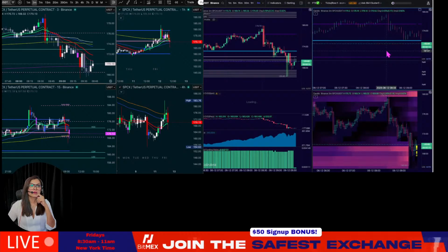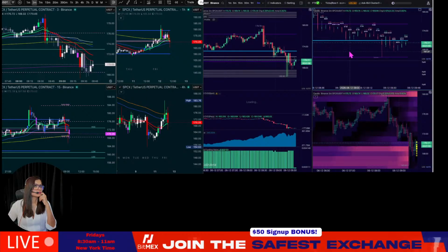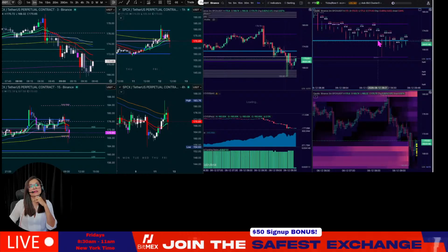Okay, delta. We have some positive delta. The blue line here is the point of control. So participants seem to like the 170.92 price.